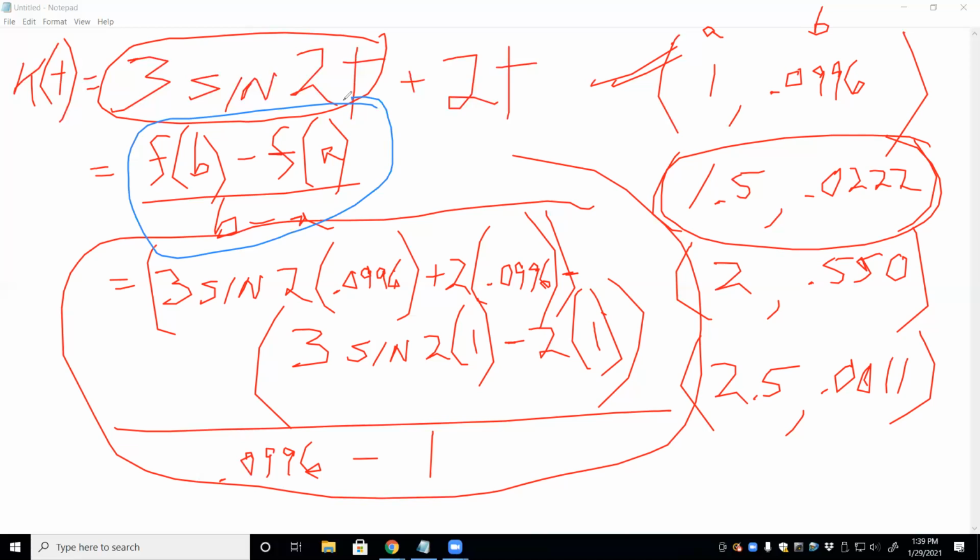There's the key right there. That is your key, what I've circled in blue. It's always f of b minus f of a, rise over run, b minus a. So no matter what intervals they give you, this will always give you the average rate of change between those two intervals.